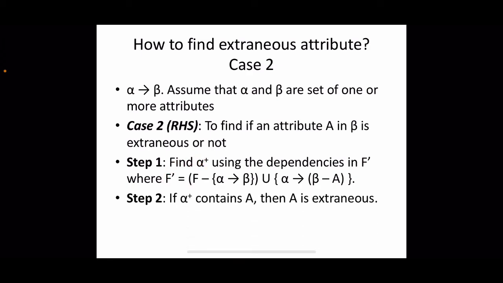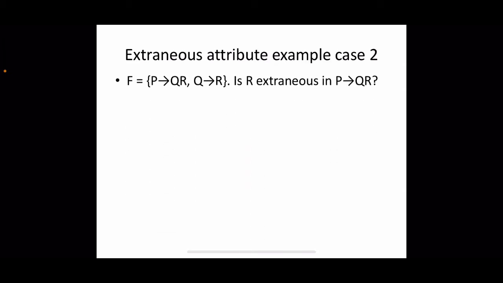And if this closure contains A, then A is extraneous. Okay? We find the closure, and if this closure contains the A, that is our suspicious extraneous attribute, right? If it is there, we can say that A is extraneous, so we can remove it. We can see an example for case 2.